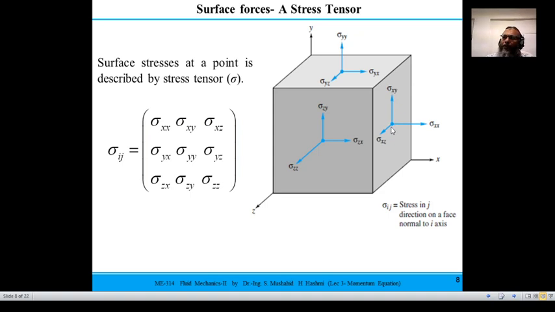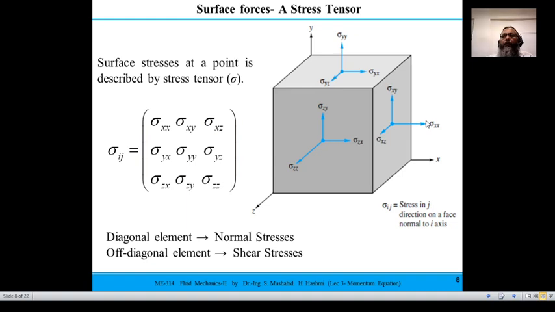Similarly for sigma xz, as you know, the direction of the stress is in the z direction. So the jth subscript is denoting the direction, and the ith subscript is denoting where actually this force is acting. This is acting onto this area, and this area is represented by the normal onto this surface.